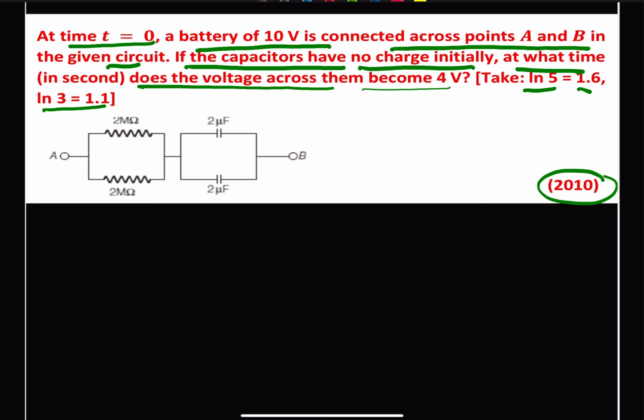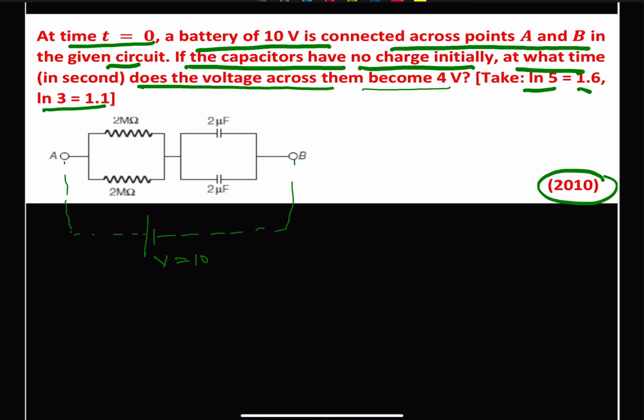So we are given that initially the capacitors are uncharged, and then we are connecting a battery source of 10 volt, something like this. And at what time does the voltage across them become 4 volt? Both of them are in parallel, so it doesn't matter.